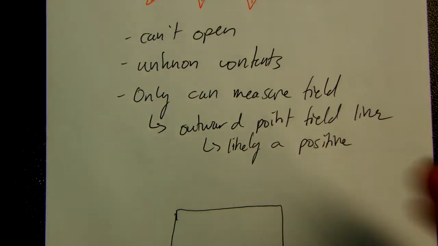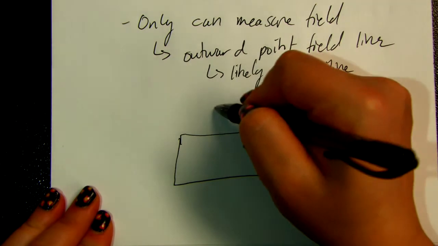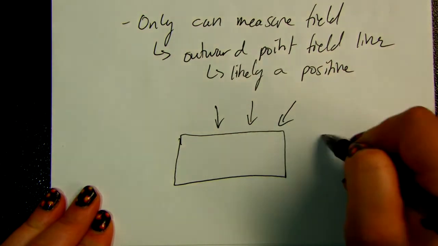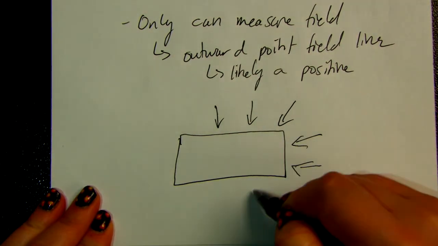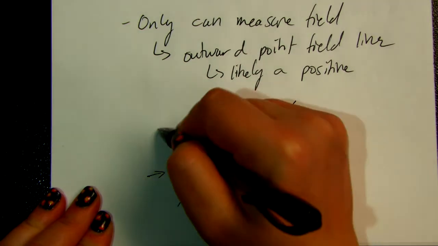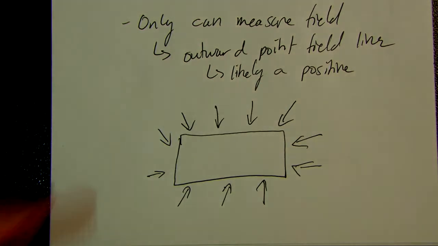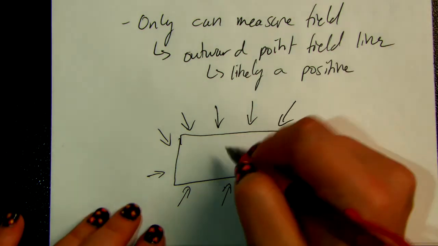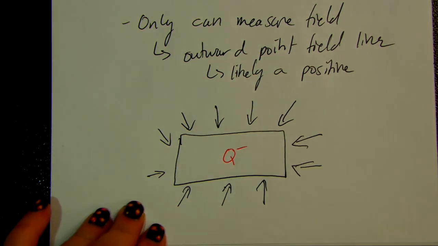Okay, so let's look at another box. Here we have another box. We can't open it, unknown contents. And we've got a bunch of field lines all being directed into the box. So what could possibly cause this? Well, just like positive people radiate their positive energy outwards, negative people have a way of drawing all the attention to themselves, just like negative charges.